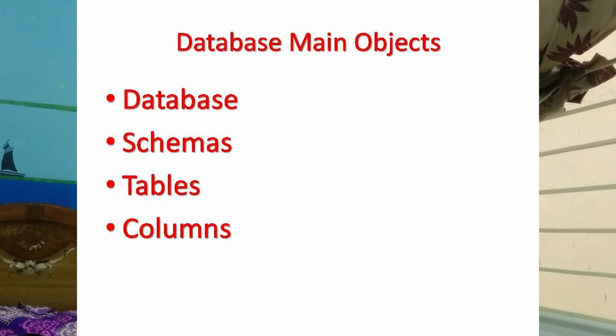Database is the database name. Whenever you install a database like Oracle, you give it a name, like ORCL, Rajesh, Hemant. These are the database names. Schemas are the parts, like domains: the financial domain has one name, the HR domain has one name, marketing has another name.